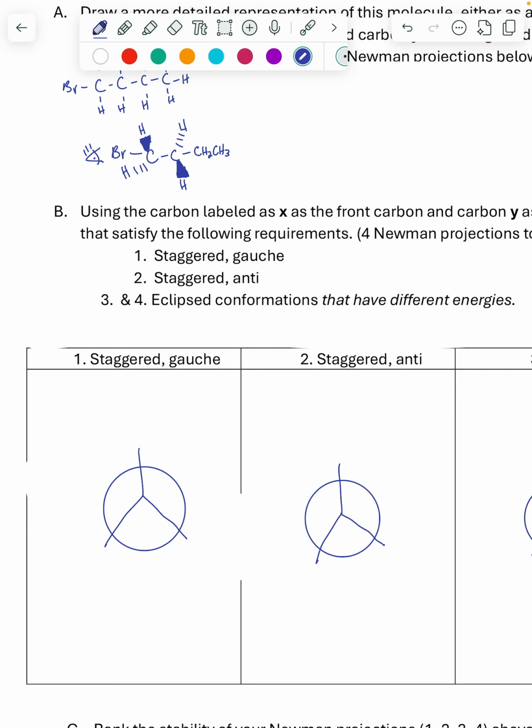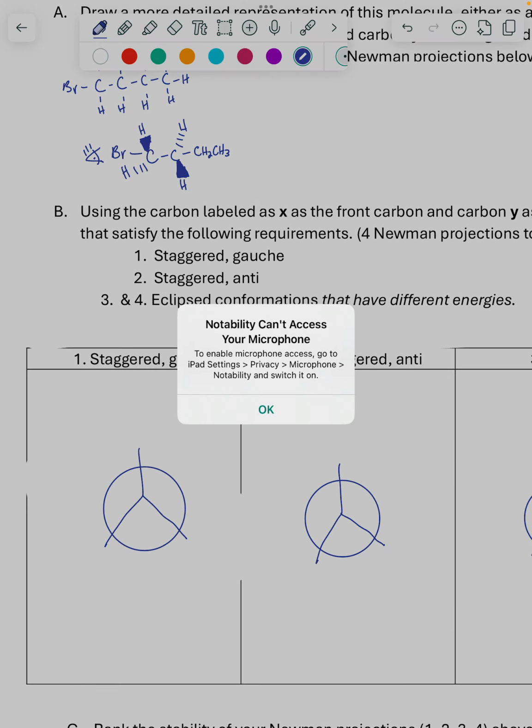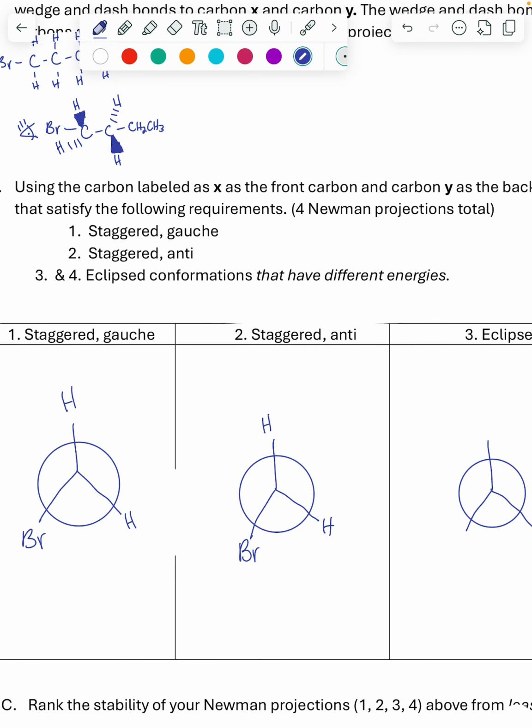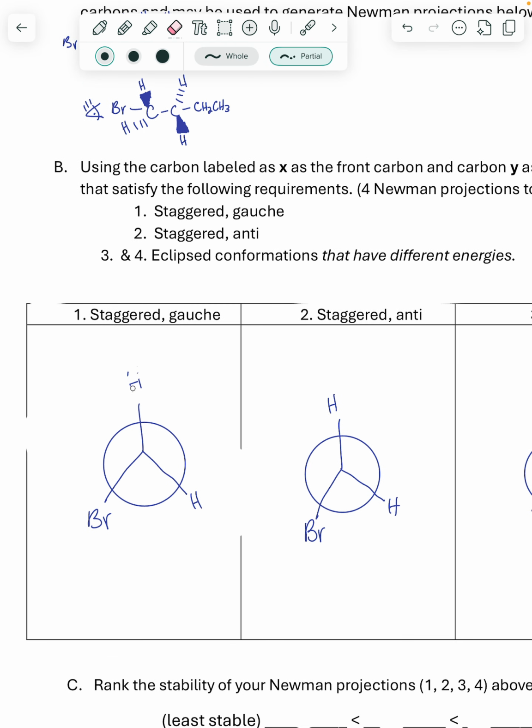So up is going to be hydrogen, and then down is going to be another hydrogen. And we're going to keep this the exact same on all of these, so I'm just going to put those in real quick. Wait, actually, I didn't want to do that.